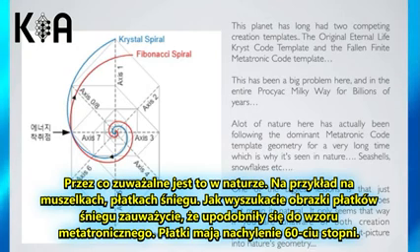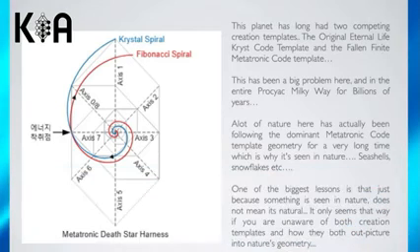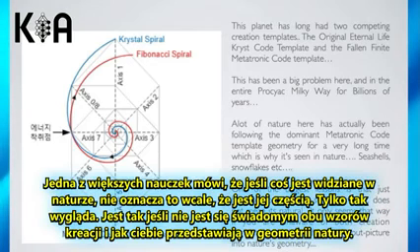If you just Google images of snowflakes, you can see that it's following the Metatronic code template, i.e. increments of 60 degrees. So one of the biggest lessons is that just because something is seen in nature does not mean it's natural. It only seems that way if you're unaware of both creational templates and how they both outpicture into nature's geometry.